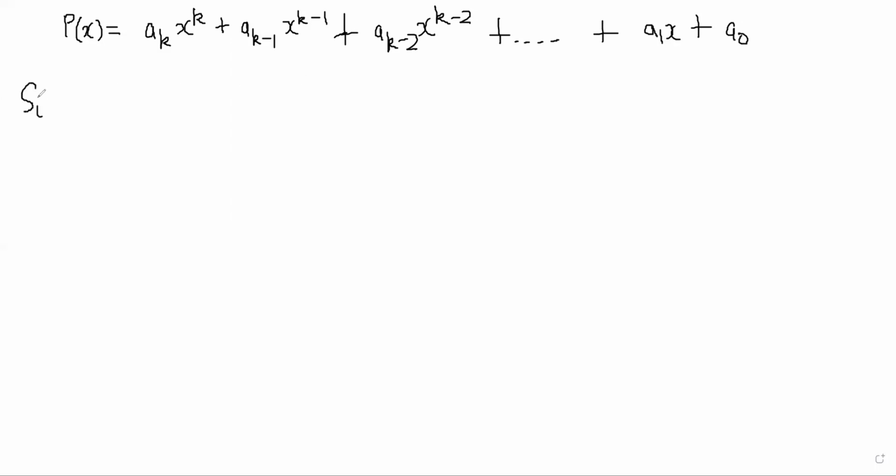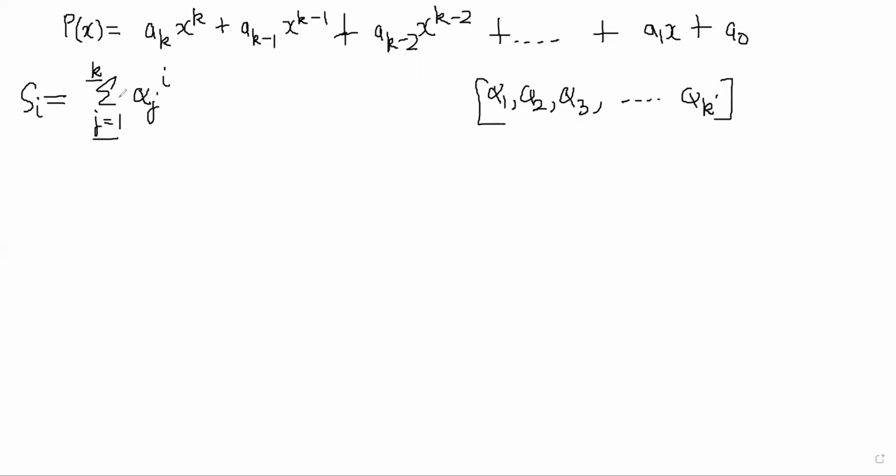What am I trying to find? I'm trying to find Si, which is equal to the sum of j goes from 1 to k of alpha j to the power i. Why is j going from 1 to k? Because the polynomial has degree k, so its roots will be alpha 1, alpha 2, alpha 3 till alpha k. There will be at most k roots, and it is the ith power of each of them, and you're doing that sum. You want to find Si, right?